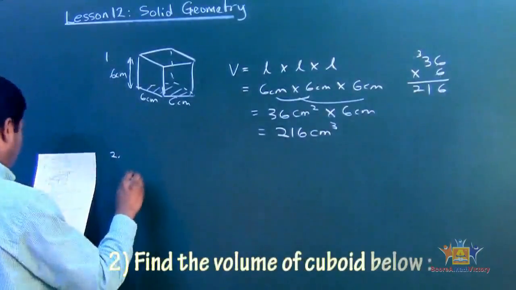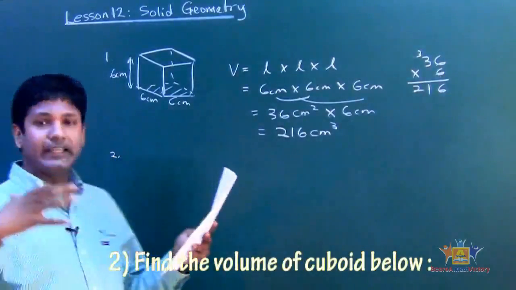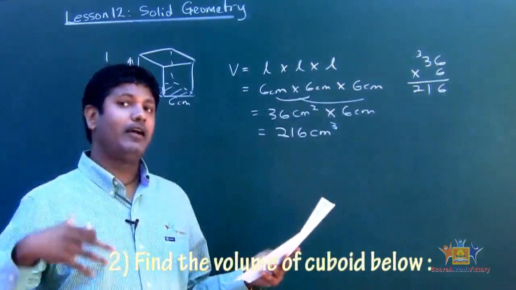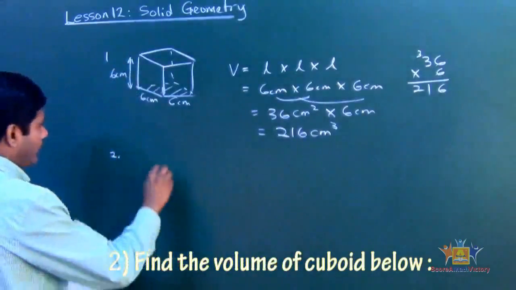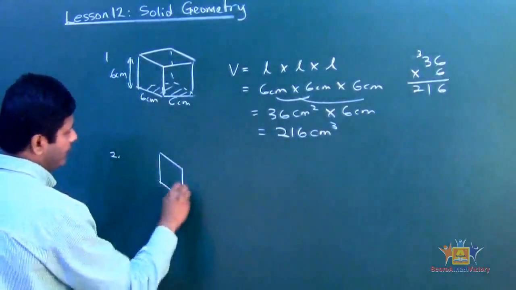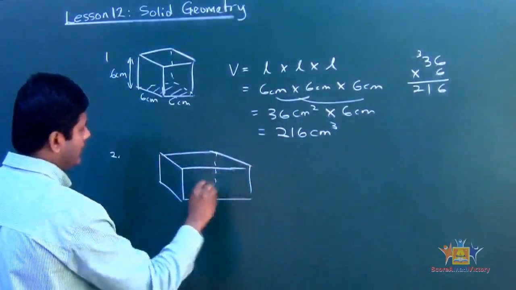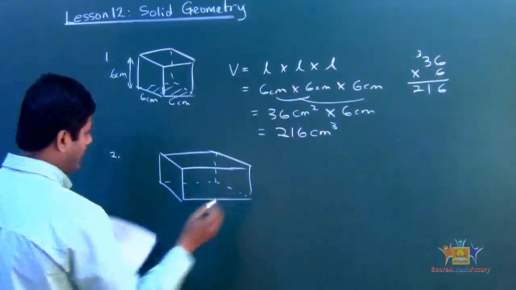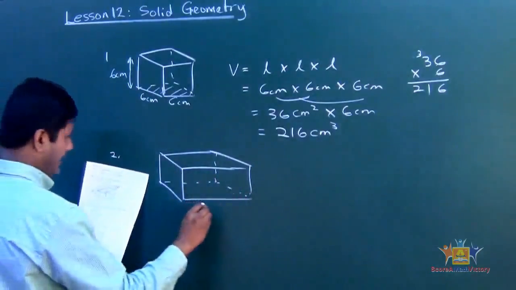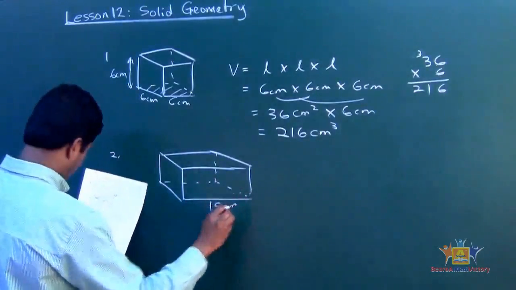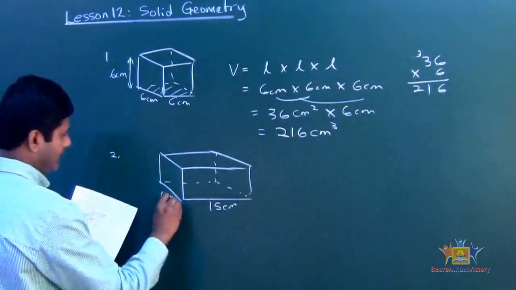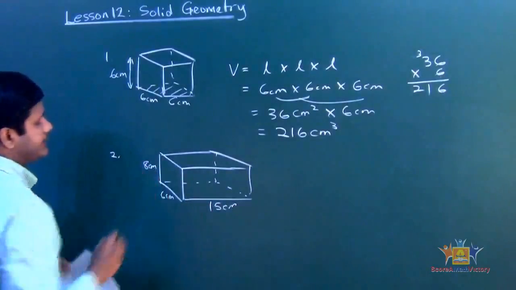Problem number 2 says, find the volume of the cuboid below. Alright, so we are given a diagram of a cuboid, and they gave you the measurement of the length, the breadth, and the height. The length is 15 centimeters, the breadth is 6 centimeters, and the height is 8 centimeters.